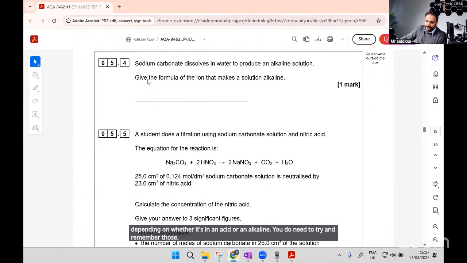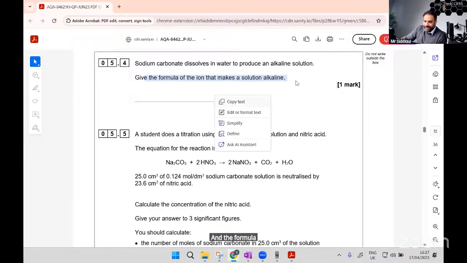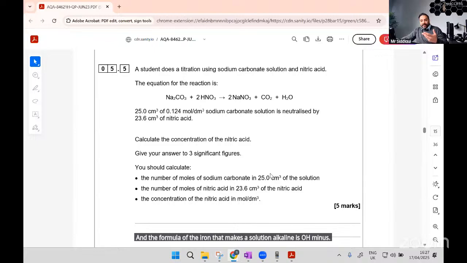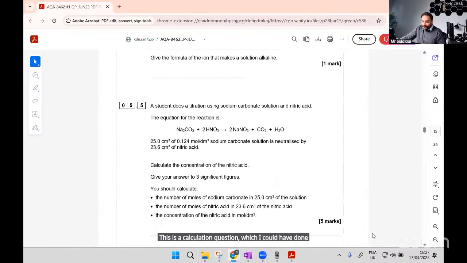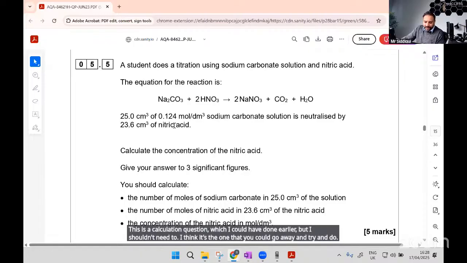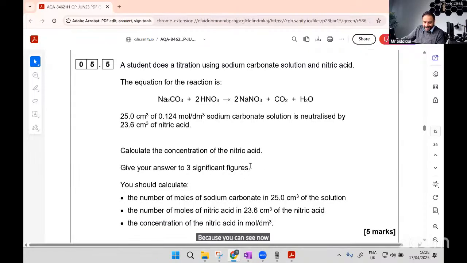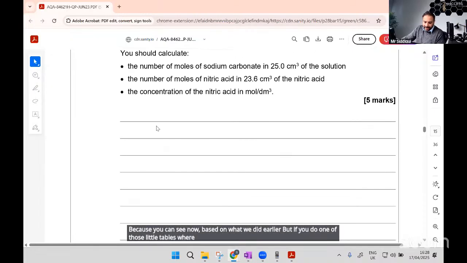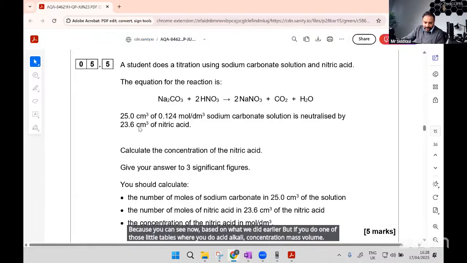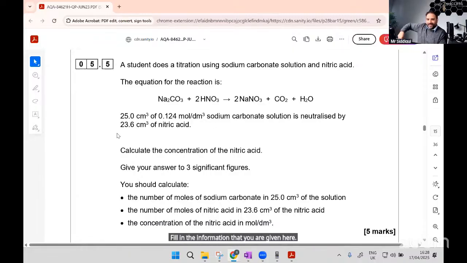And the formula of the ion that makes a solution alkaline is OH minus. This is a calculation question, which I could have done earlier, but I shouldn't need to. I think it's one that you should go away and try and do. Because if you can see now, based on what we did earlier, that if you do one of those little tables where you do acid, alkali, concentration, mass, volume, fill in the information that you were given here, then you can fill in the rest of it.